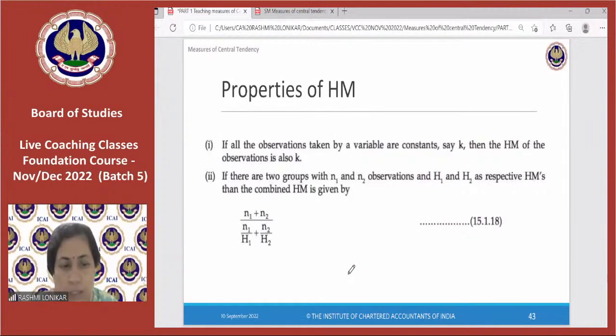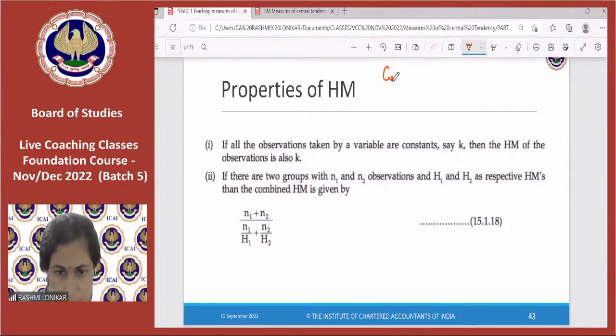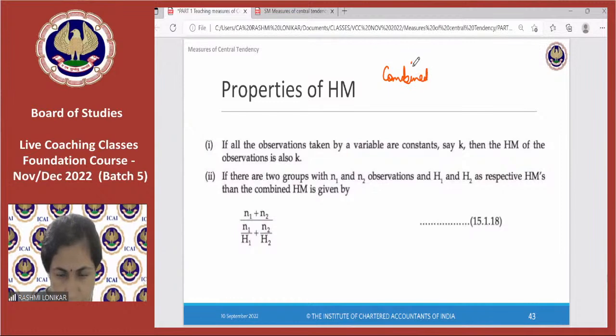What are the properties? If all the observations are a constant K, then the harmonic mean is also the constant K. When I have two groups of data, like we calculated the combined arithmetic mean, that was equal to n1 x1 plus n2 x2 upon n1 plus n2.